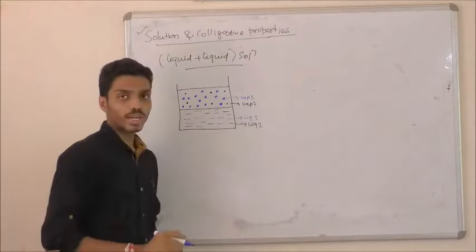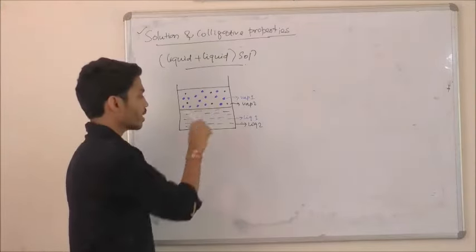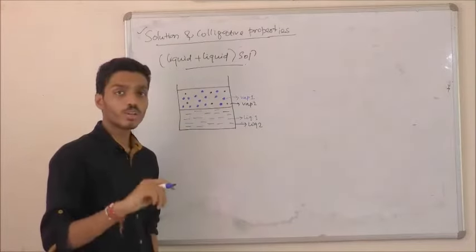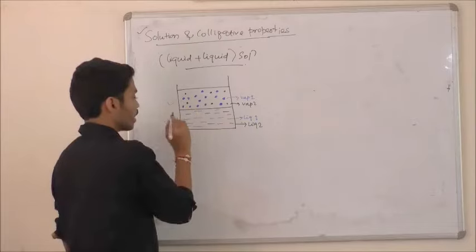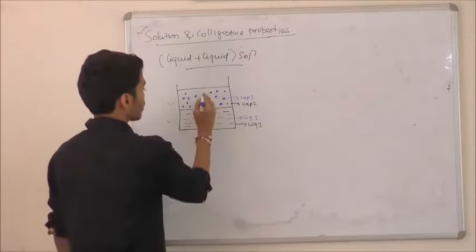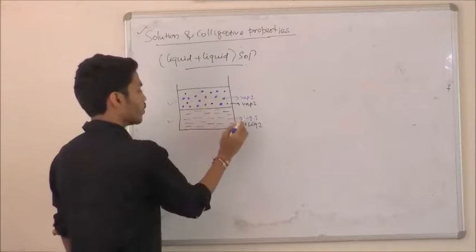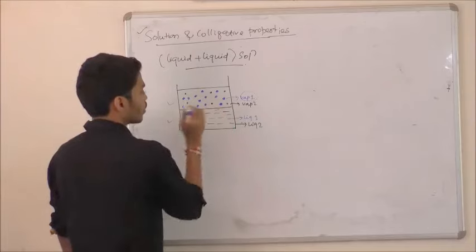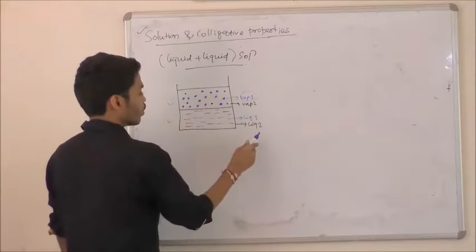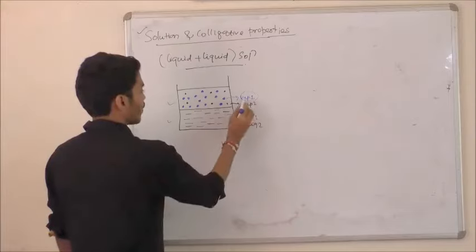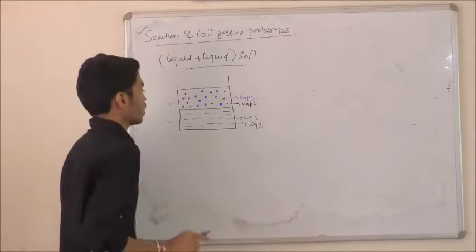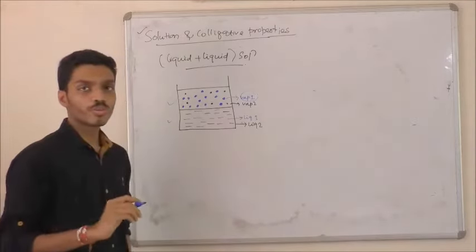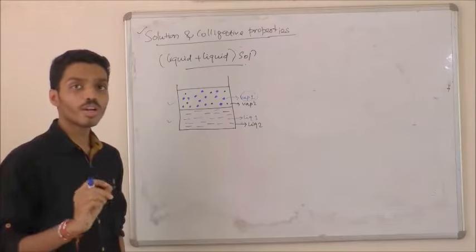So these are the two volatile liquids. When you put it in a container, what happens? It will evaporate and form vapors until an equilibrium is reached between this vapor phase and this liquid phase. Here you can see these blue dots. These are the vapor created due to liquid 1 that I have named as vapor 1. And these black dots are the vapors created due to liquid 2, which I have named as vapor 2. It will evaporate until equilibrium is reached. And what happens when equilibrium is reached?